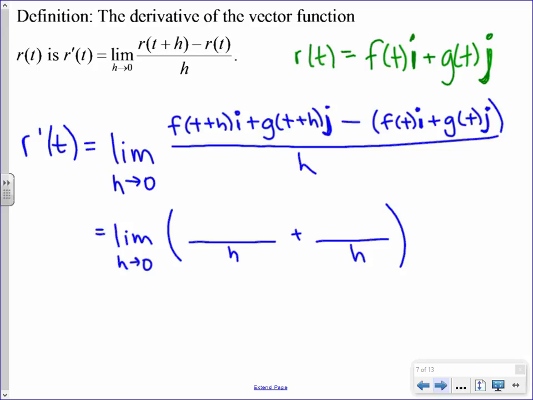So I'm going to group f of t plus h i together with minus f of t i, and then I'm going to group g of t plus h j together with minus g of t j.